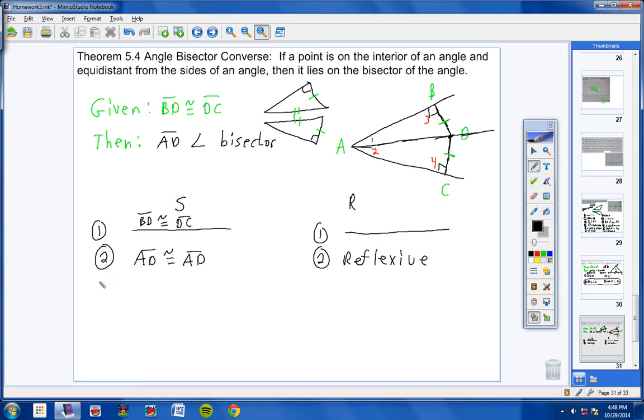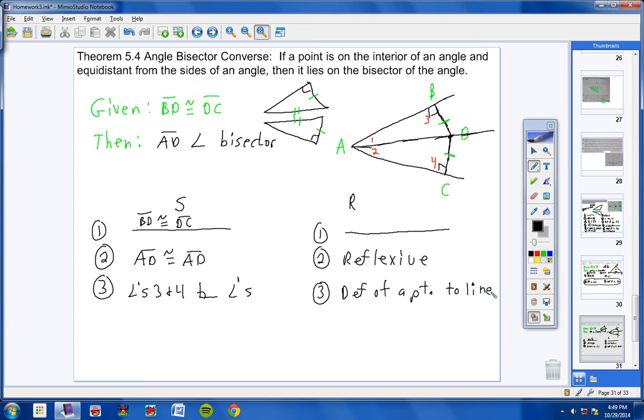Now I can do that, and here's why. Watch this carefully. Angles 3 and 4 are right angles. And I can state that because, listen carefully, remember we learned the definition of a point to a line.